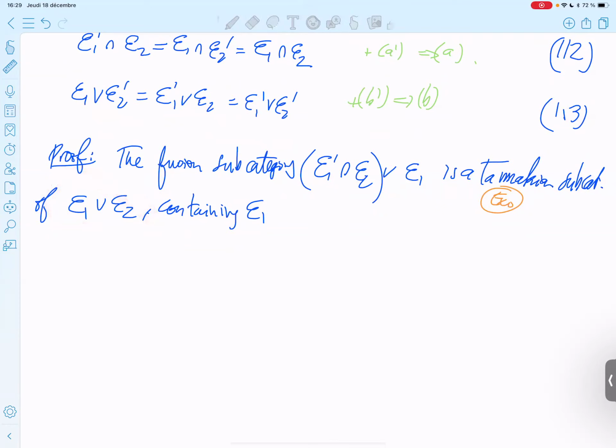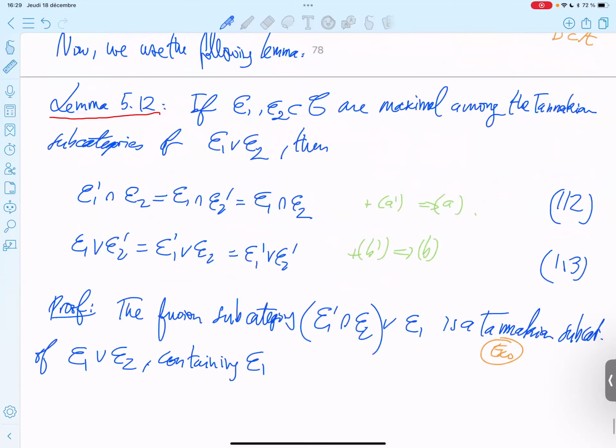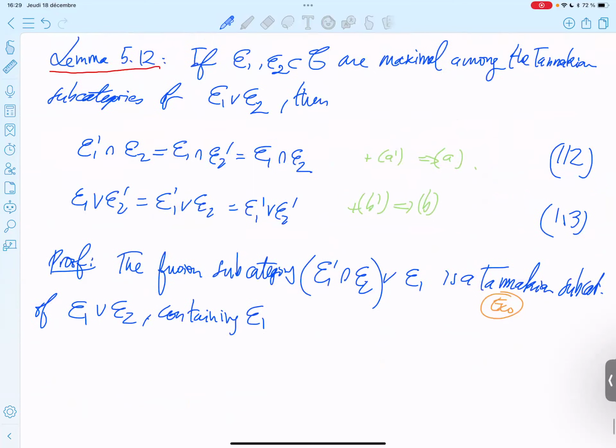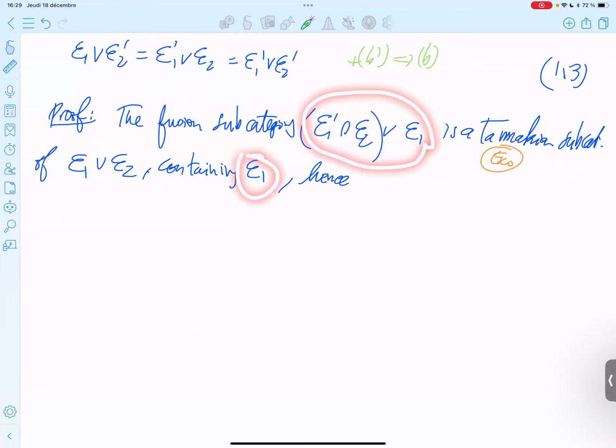Okay, but by assumption, E1 is maximal in E1, E2. And so because by maximality, this contains that, and this is maximal, so you should have an equality by assumption.